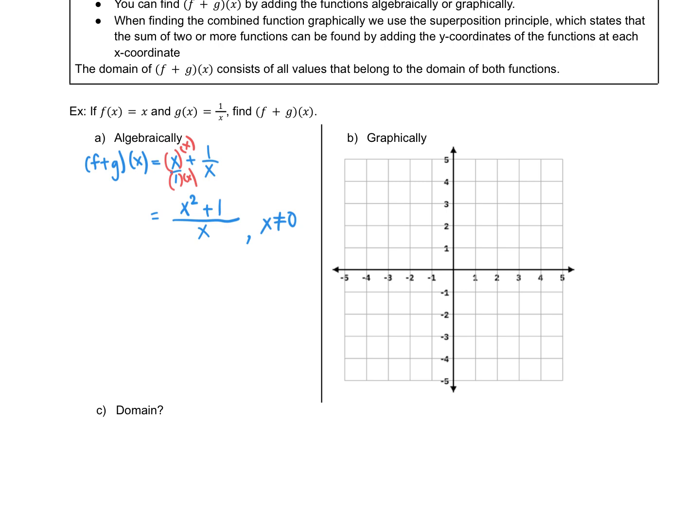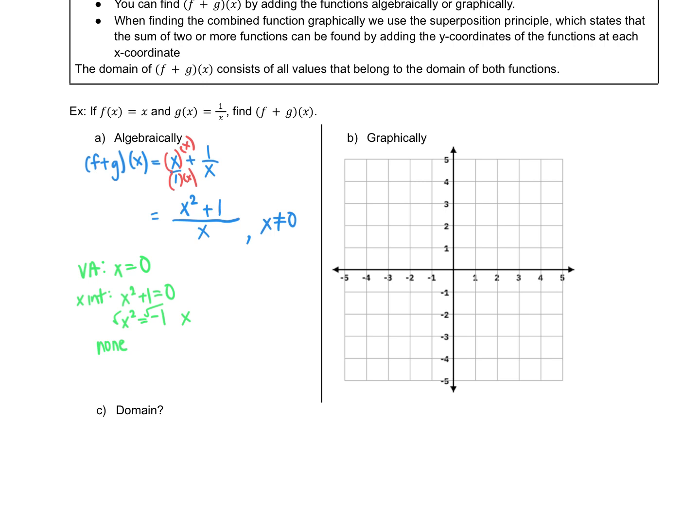So let's see what we know here. We know that there's going to be a vertical asymptote when x equals 0 because of our restriction. In terms of an x-intercept, I would set my numerator equal to 0 and solve for x. But when we do that, we try to square root -1, which can't be done. So there are no x-intercepts.